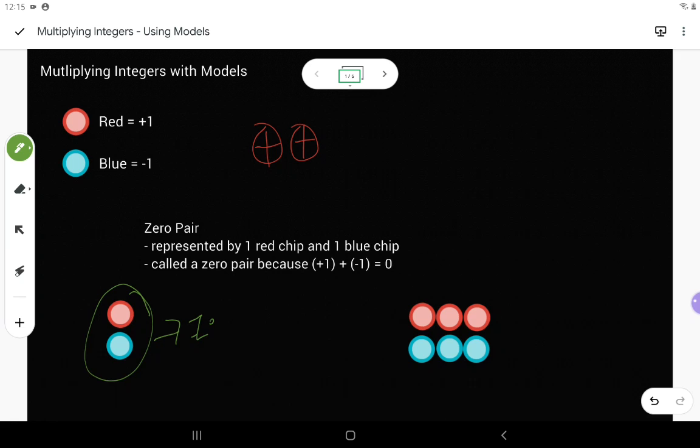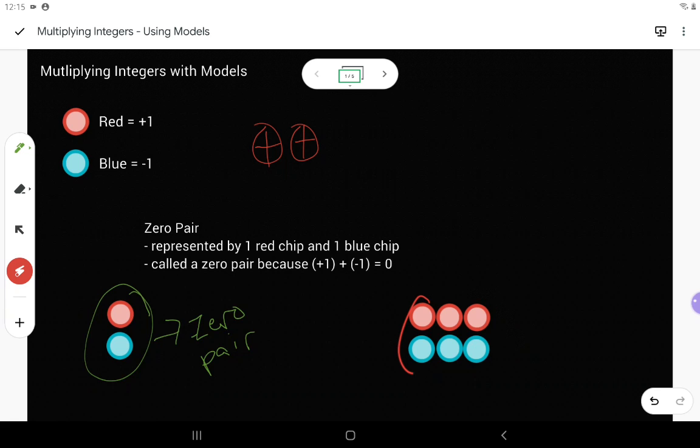We do work with zero pairs. We keep them in mind as we go through integers, but really it's more of a model thing that we use, though I will refer to it from time to time. This one here is still also a zero pair.